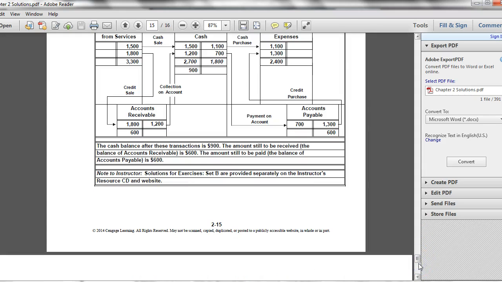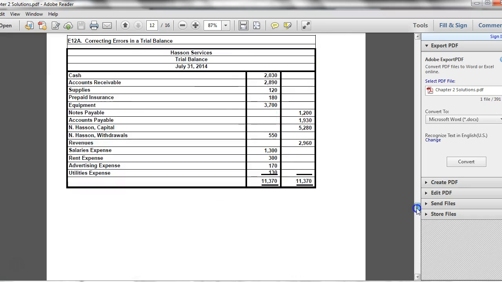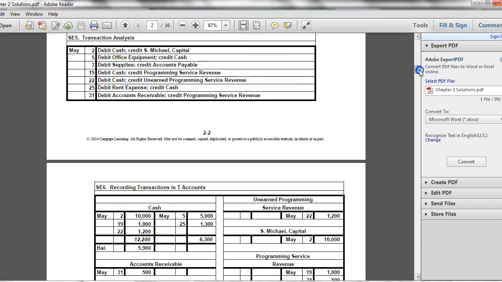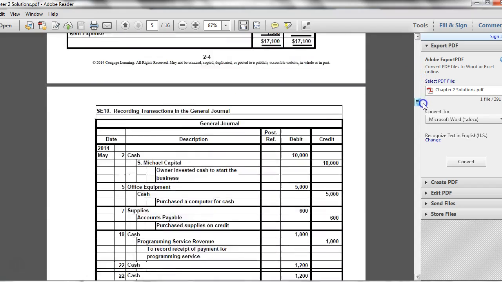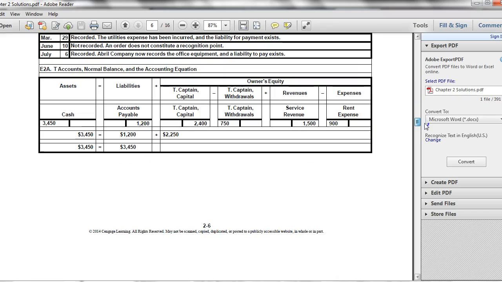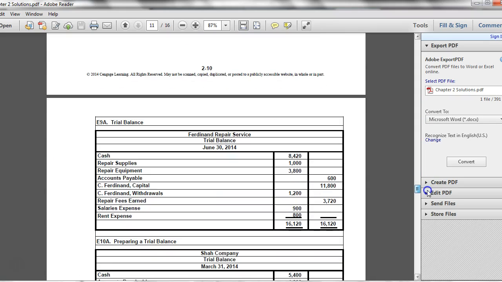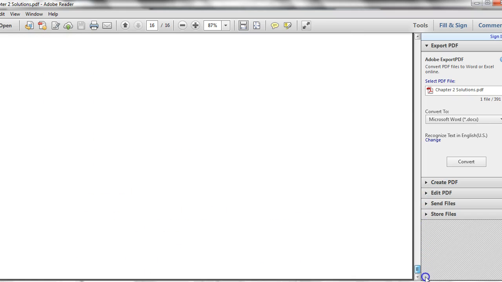Withdrawals. What are you going to do there? Debit it. What's next? Revenues. Revenues have a normal credit balance, don't they? Expenses have a normal debit balance. What's next?